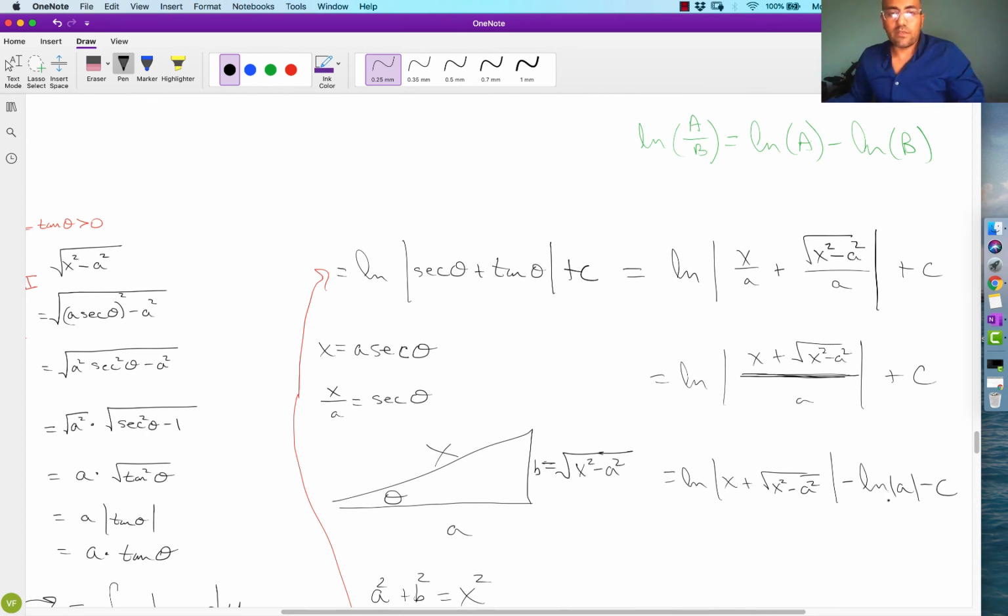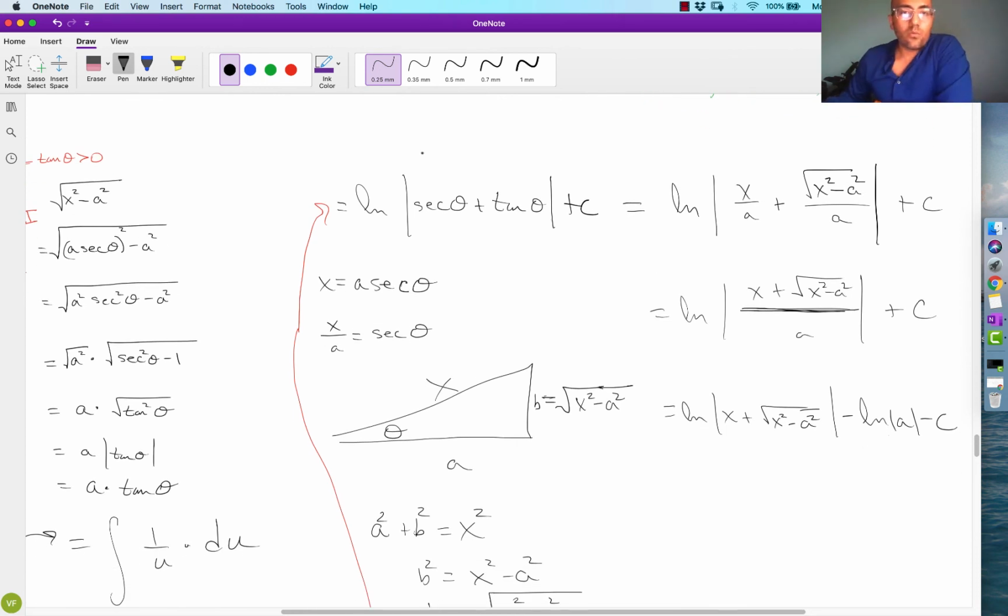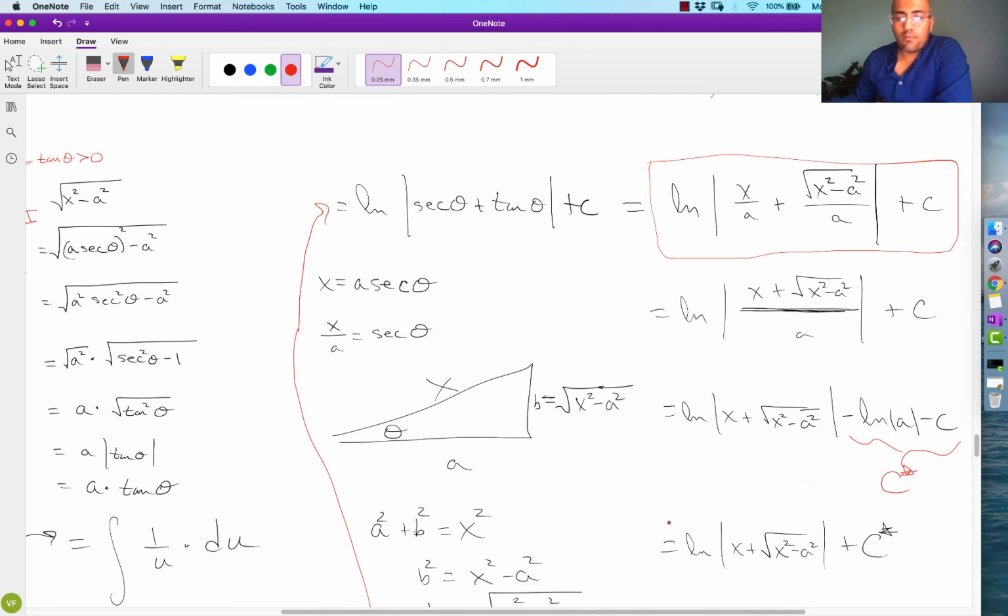It's not a variable, it's just some number. So we can combine these two constants into some constant, c star. And so I can rewrite this as ln of the absolute value of x plus the square root of x squared minus a squared, plus some c star, some constant that goes at the end there. Okay, so this would be a perfectly good answer, or if you look it up somewhere, most often they do that.